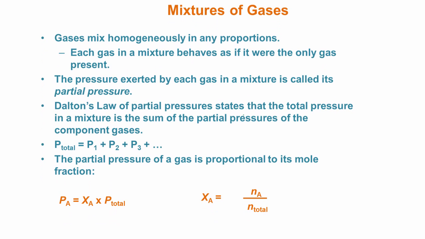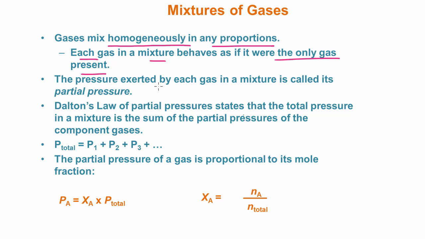Remember, we know that in homogeneous mixtures, the components of the mixture can vary, because there are no chemical bonds between those components. So we know that gases mix homogeneously and in any proportions. That means that each gas in the mixture behaves as if it were the only gas present.